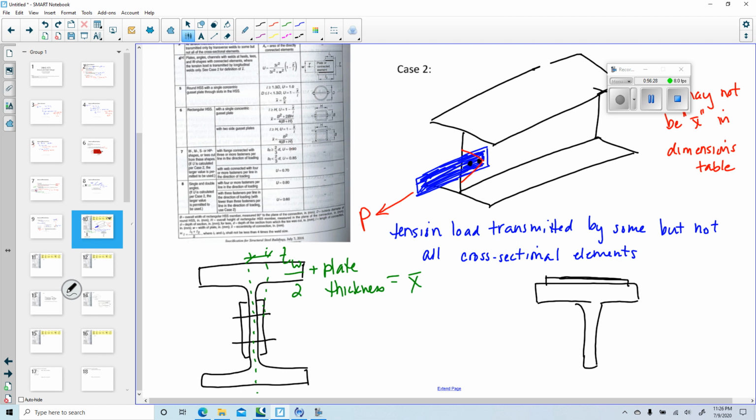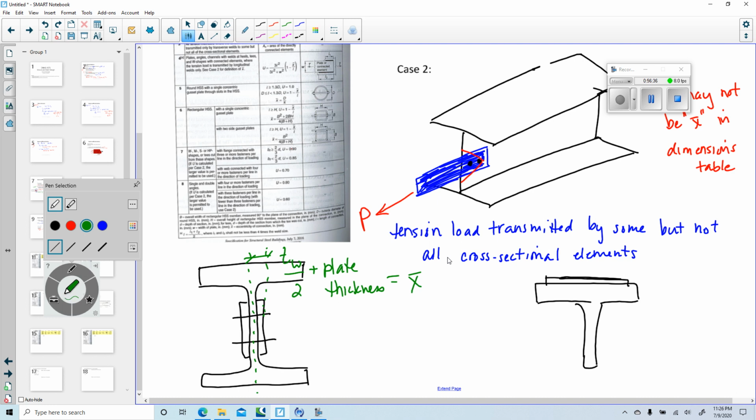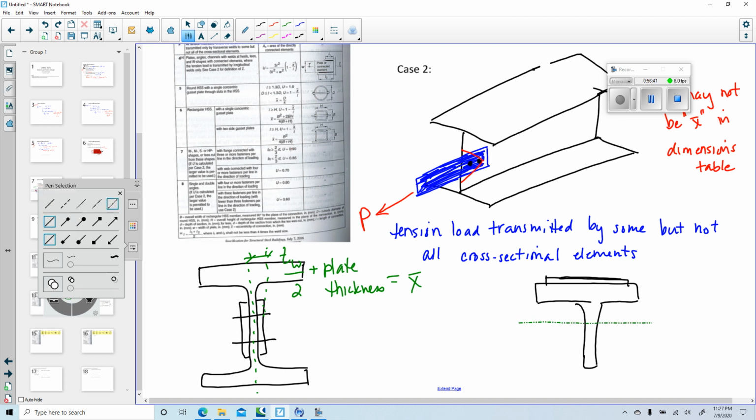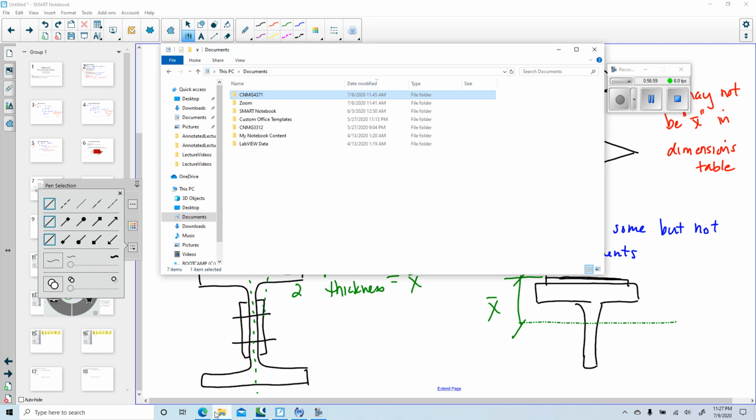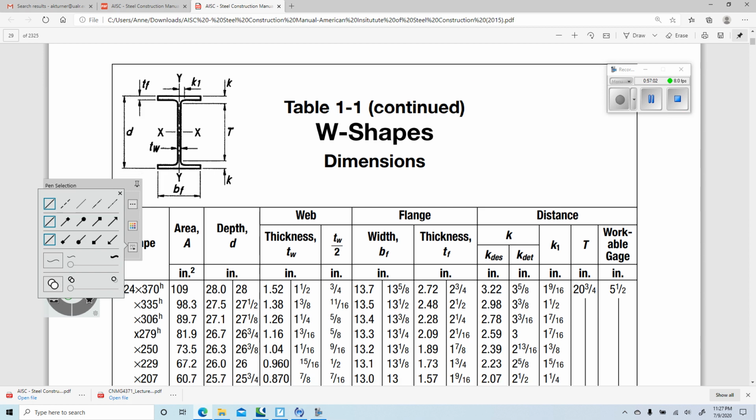And it says that my X bar is the distance from this centroid to here. So if I go to my, right, that's not a dimension anywhere to be found.